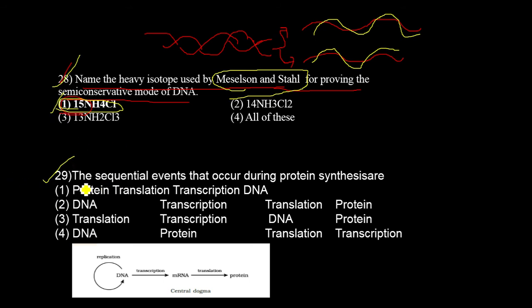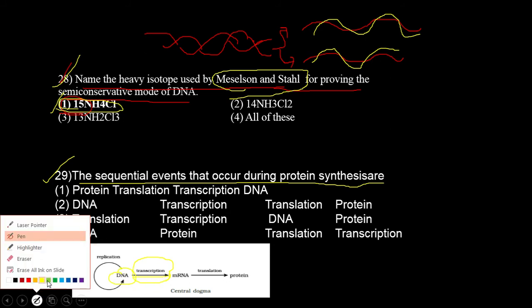Question number 29. The sequential events that occur during protein synthesis. What are the sequential events which occur during protein synthesis or gene expression? First, DNA becomes RNA by transcription.